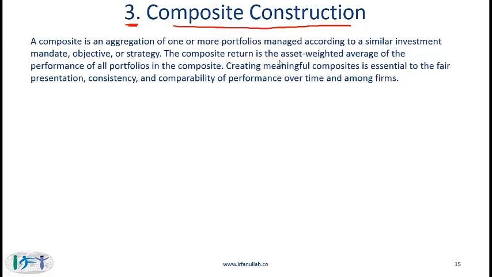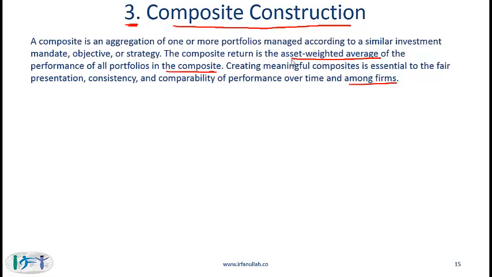The composite return is the asset-weighted average of the performance of all portfolios in the composite. Creating meaningful composites is essential to the fair presentation, consistency, and comparability of performance over time and among firms.